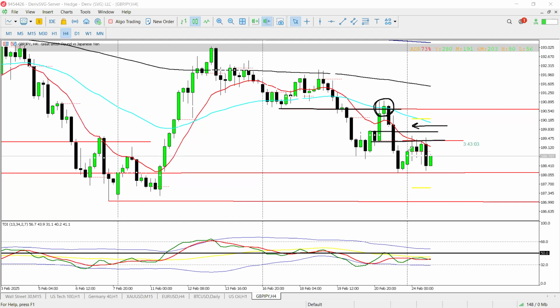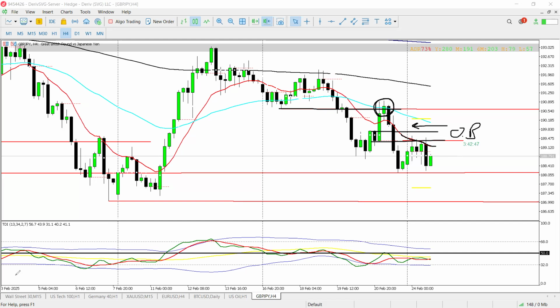So H4 presented us with an OB, right? We had an order block on H4, number one. Number two, price was actually rejecting the 13 exponential moving average, which is a dynamic resistance point as well. So we had two confluences lining up here.